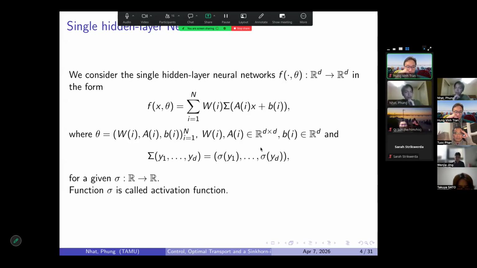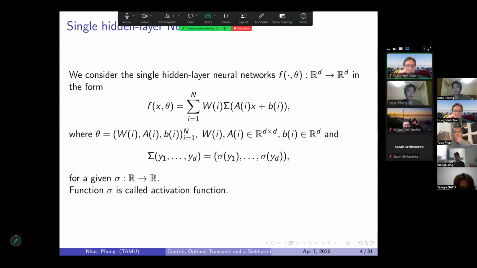The structure of the single layer neural network is a linear function, then an activation function, usually non-linear, and then we might add some more weights.